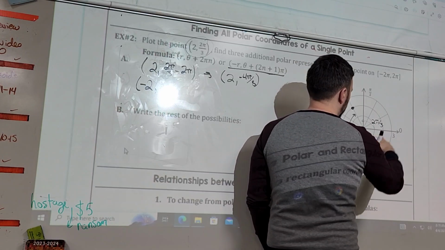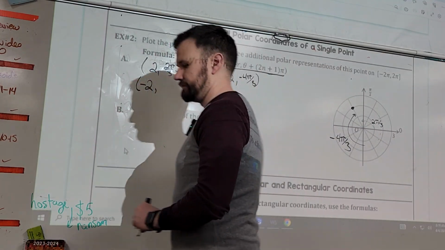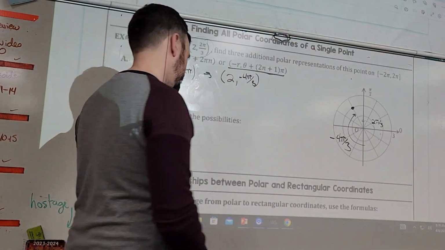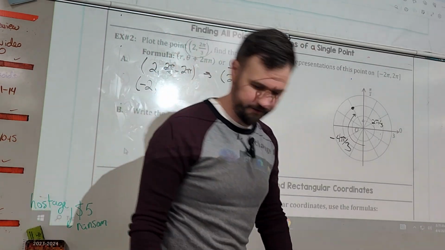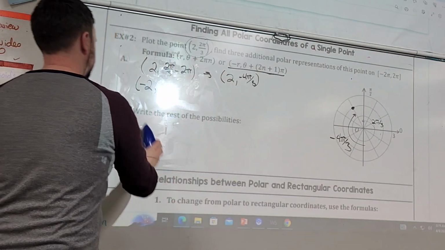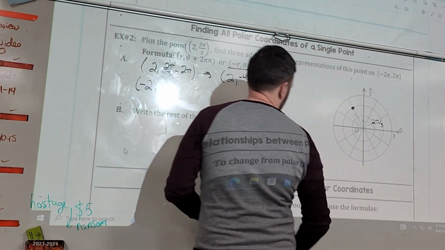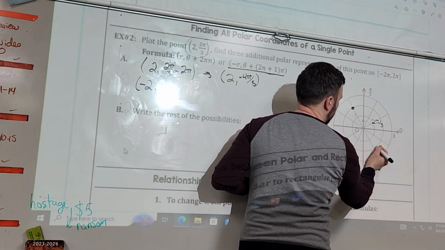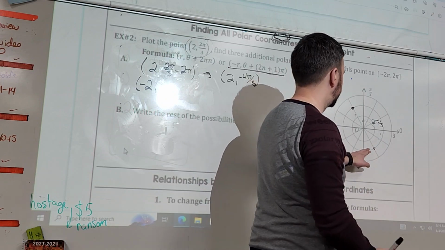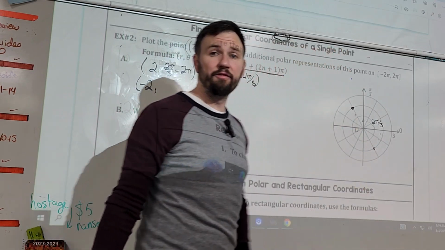So negative 2, where do I put that eraser? So (2 pi over 3, negative 2) is right here, right? That's a 180 flip.